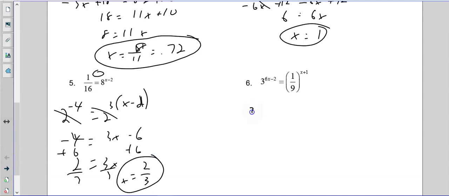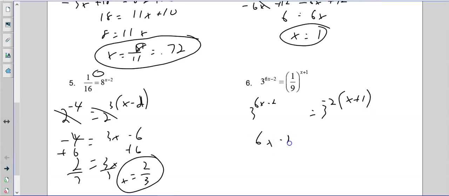All right, here we're going to use 3 squared. And on this side, we're going to do 3 to 1. And over here, we're going to do 3 squared, but since it's on the bottom, we're going to say negative. So this is just going to stay 6x minus 2. And this is going to be x plus 1.